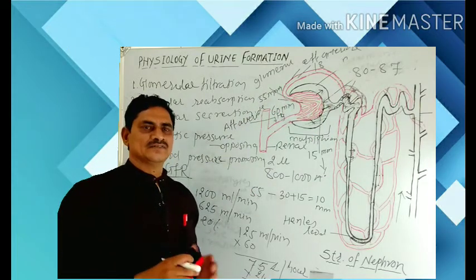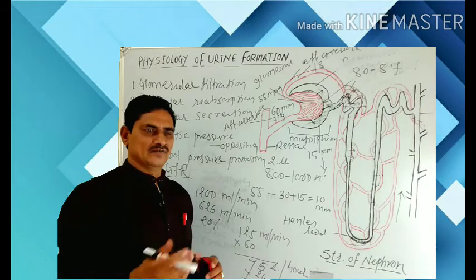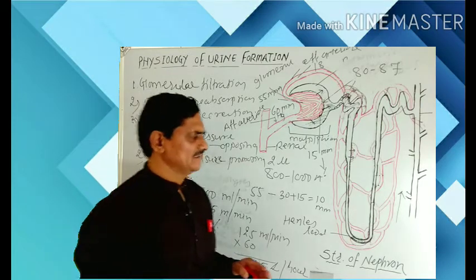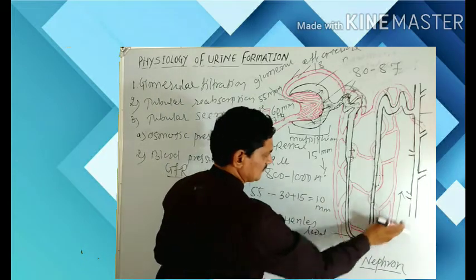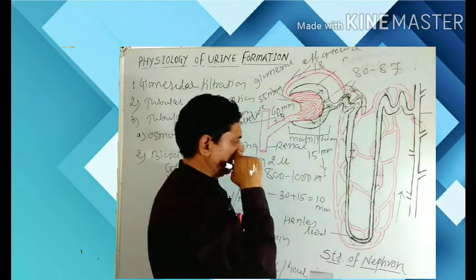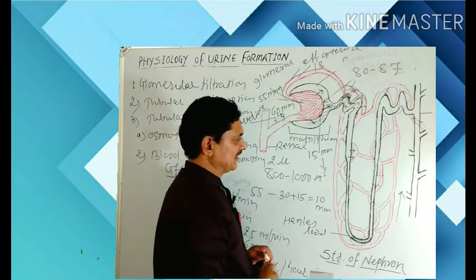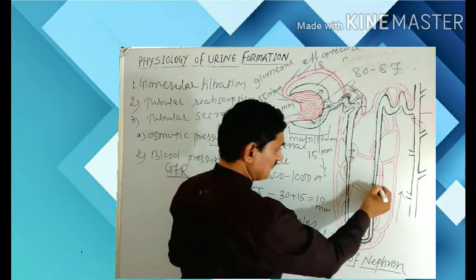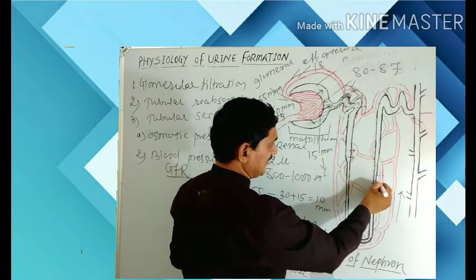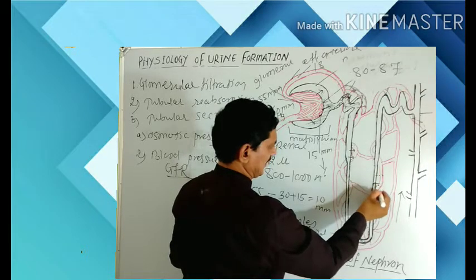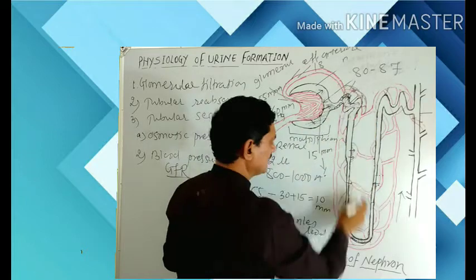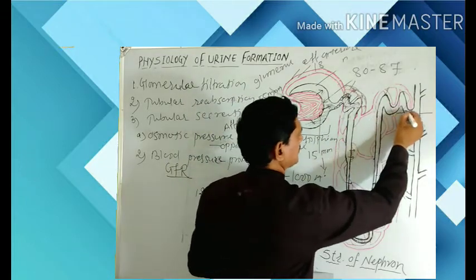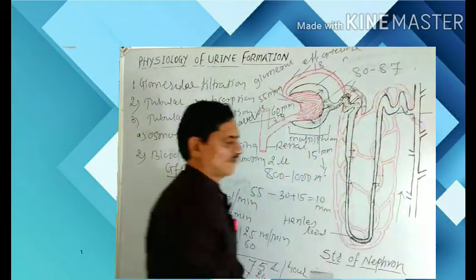The nitrogenous substances like urea, uric acid, creatinine and trace elements of nitrogenous materials also flow through these capillaries. From these capillaries, these waste products enter into the lumen of the nephron.